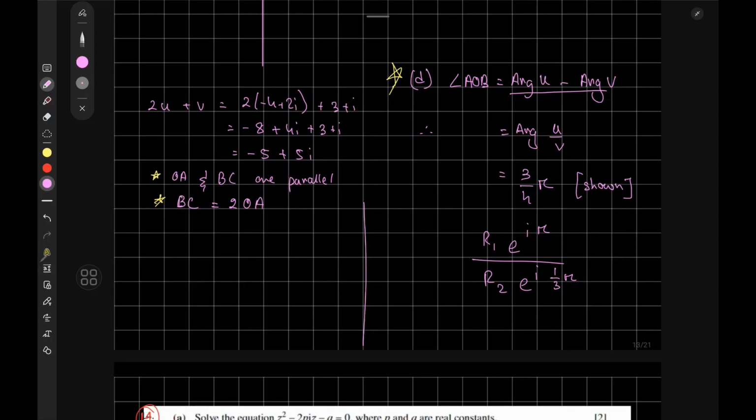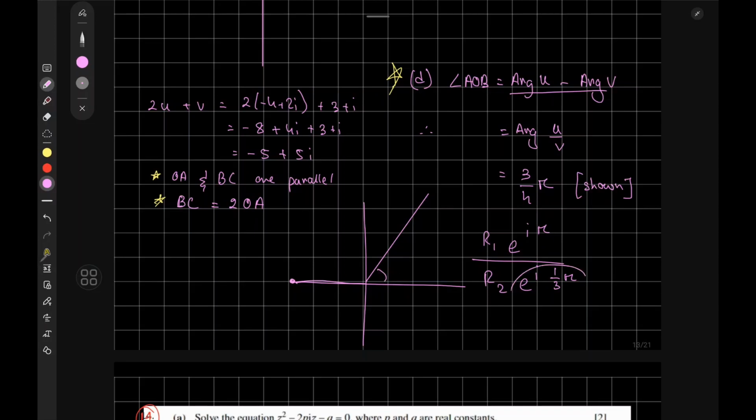If you draw it on an Argand diagram, you're going to notice that one makes an angle of pi, which is 180 degrees, and the other is going to make an angle of around this.